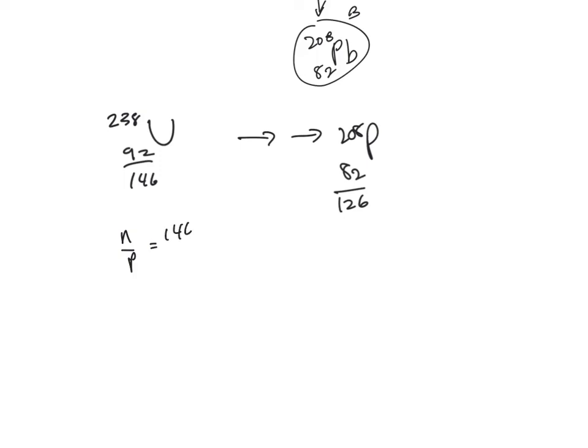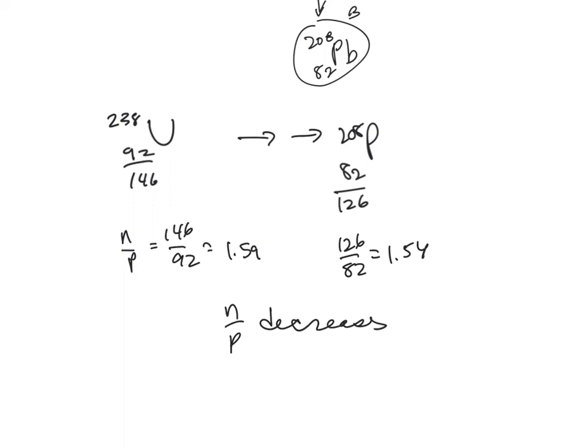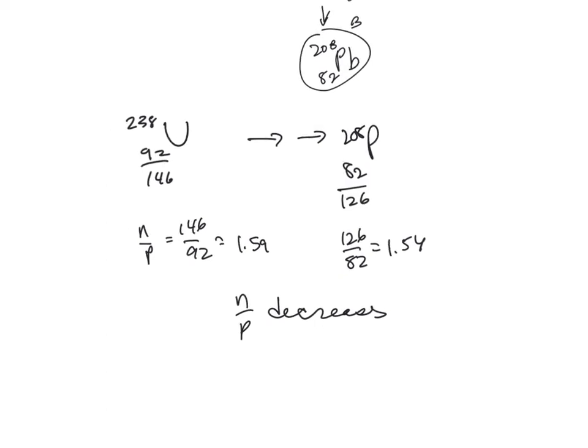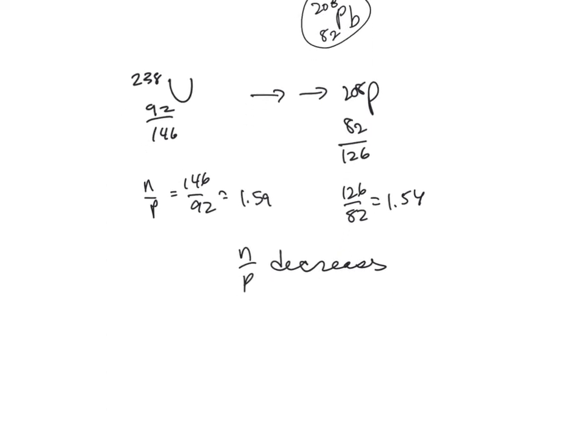But here you have 146 over 92, and that is equal to 1.59, and then 126 over 82, 1.54. So here you got the N over P decreases for this process. This is going on to the left of the valley of stability. And I forgot my B there for lead.